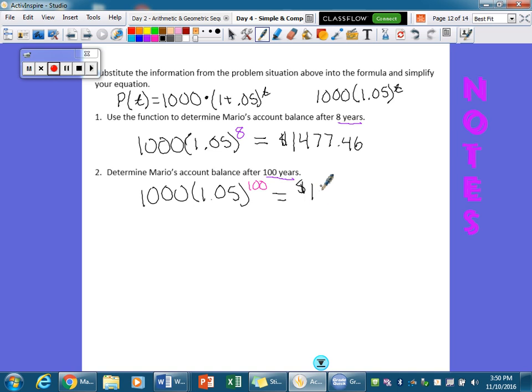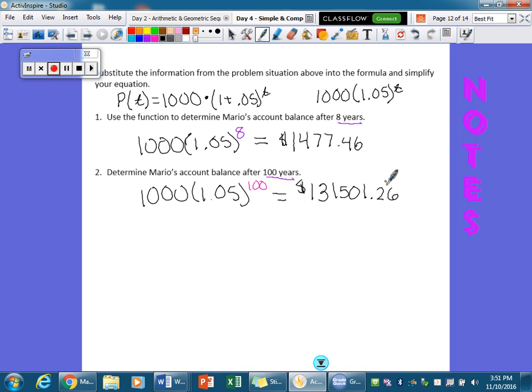It's 131,501.26, that's a big amount. That is if you keep $1,000 in this bank for 100 years and don't touch it. That's how much money you'll have in it.